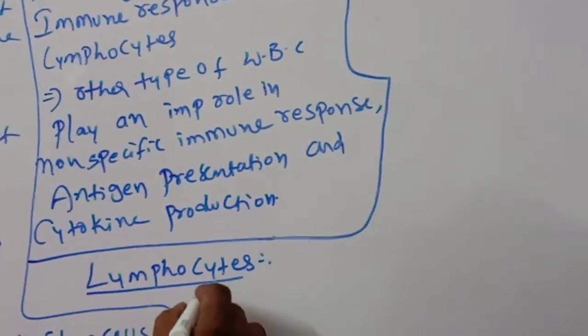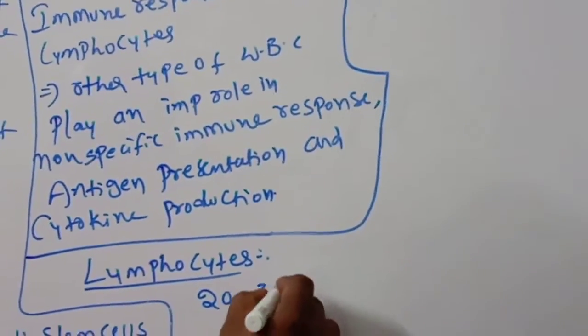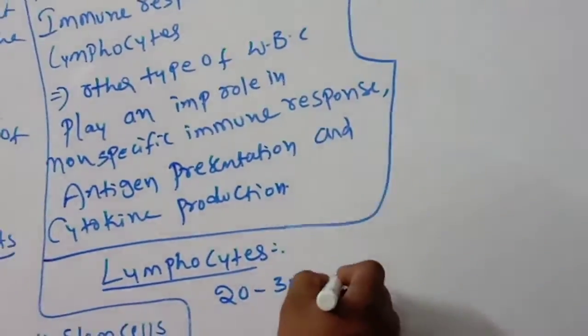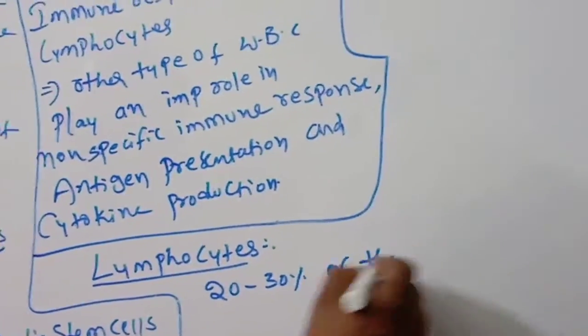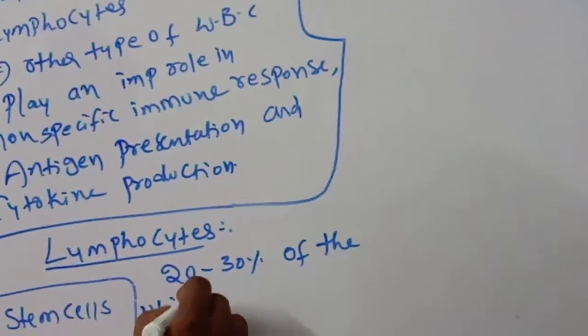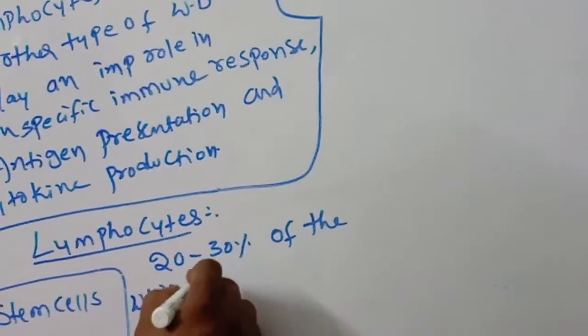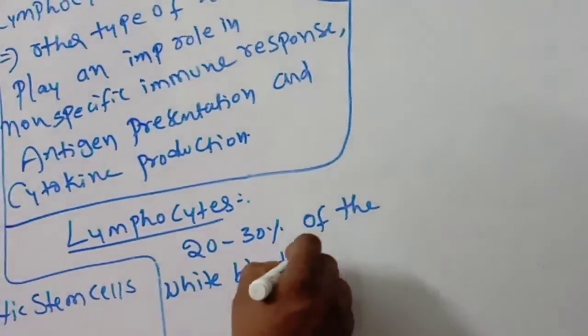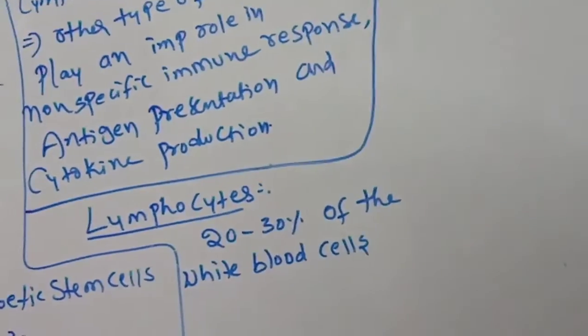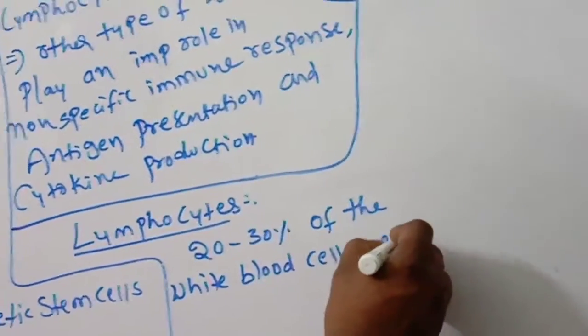Lymphocytes are 20 to 30% of the white blood cells.